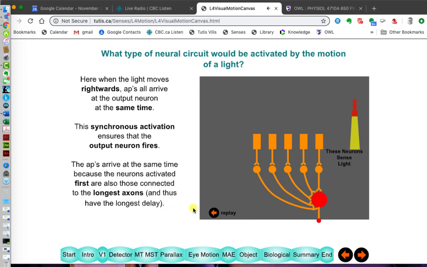So what you saw here was a light producing an action potential. And you could see that these action potentials got to this output neuron all at the same time, and then it fired. And that neuron here is, in a sense, sensing motion.